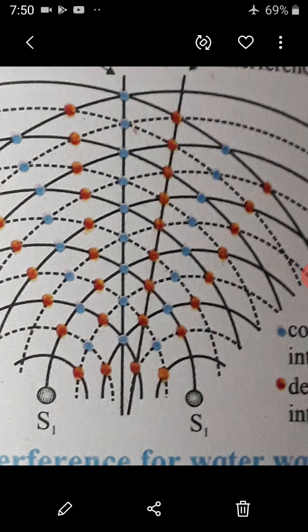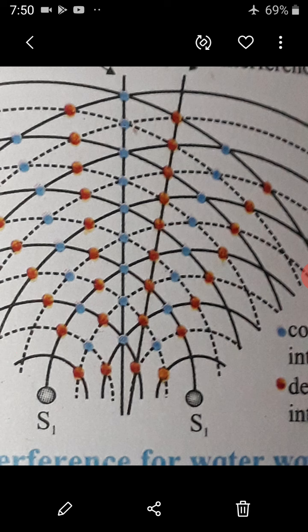This intersection point is denoted by a red spot, while the blue spot is where the trough due to one wave and trough due to another, or crest due to one and crest due to another, having the same phase, are interfering. It is denoted by the blue spot.